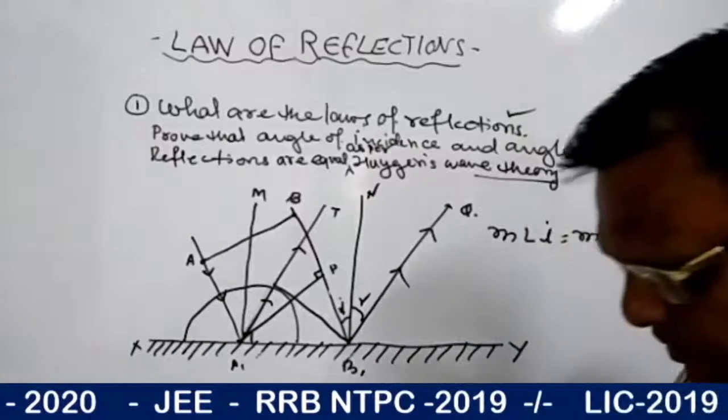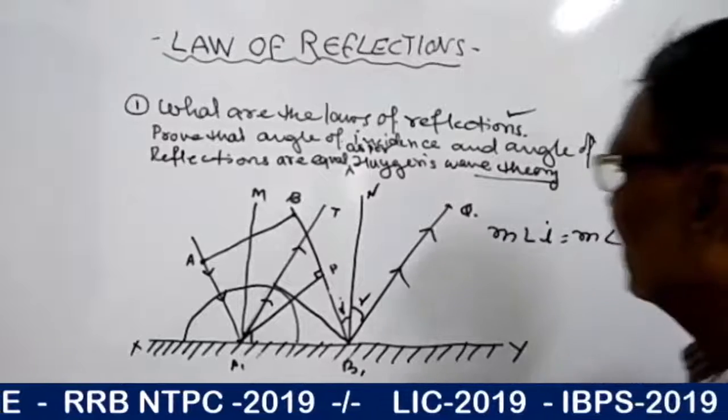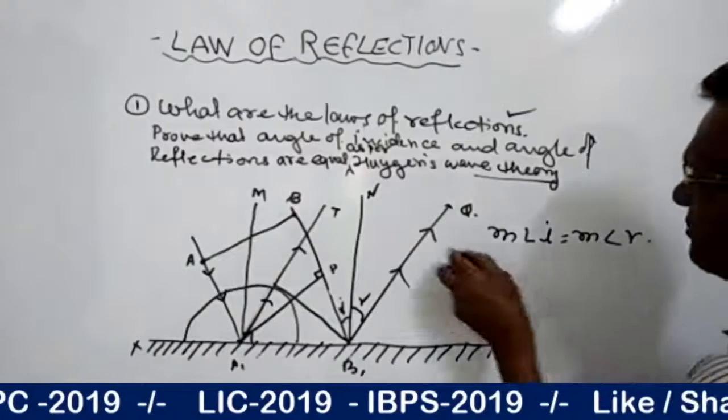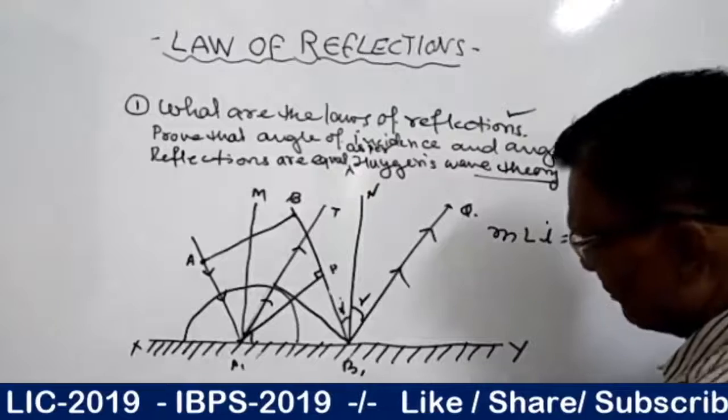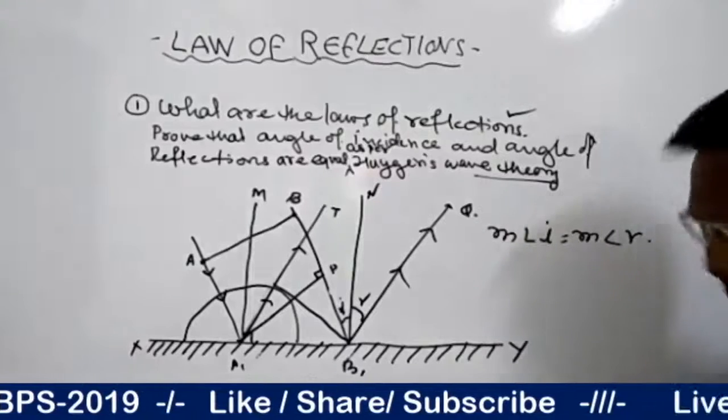Now let us see what content we have to give. The diagram is okay, but what content we have to give, and in what way we have to prove.